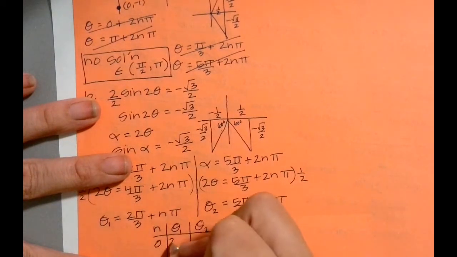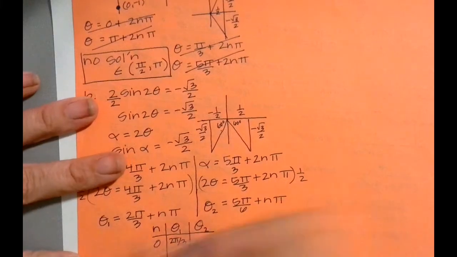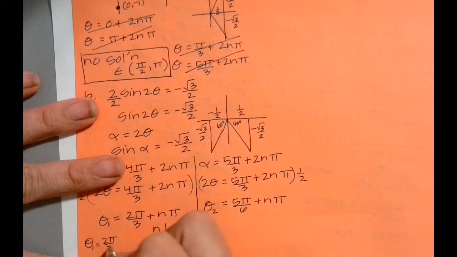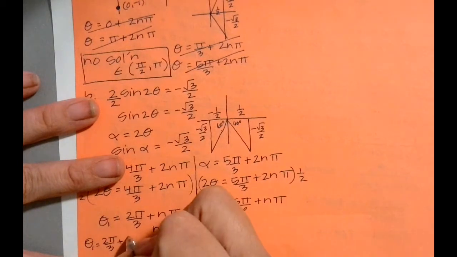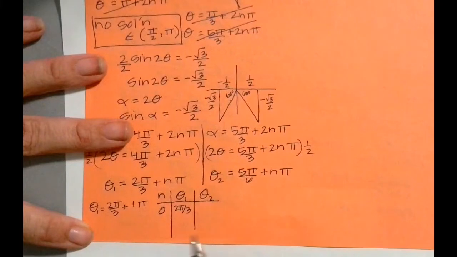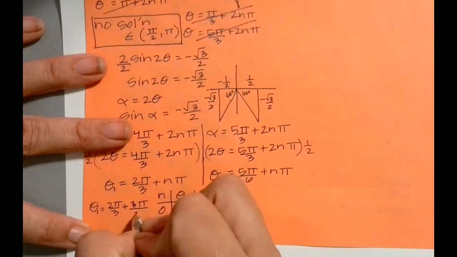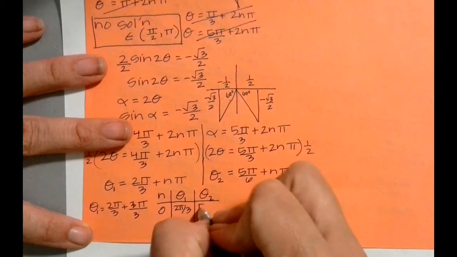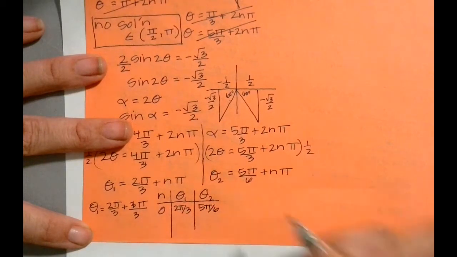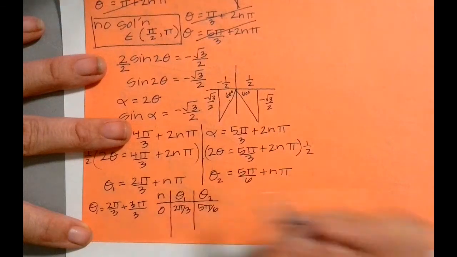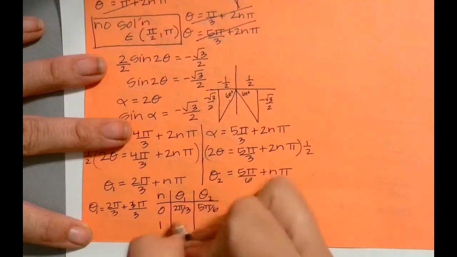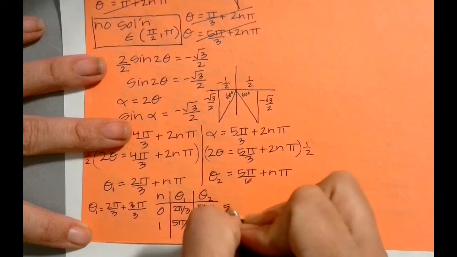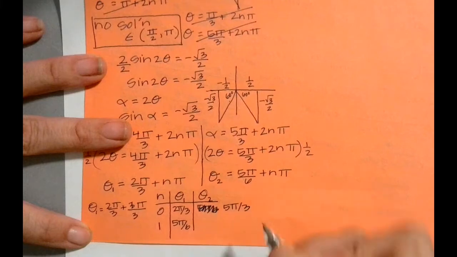So when n is 0, it's 2 pi over 3. And when n is 1, I'm going to plug in 1, but really that's 3 over 3. So that is going to be 5 pi over 6. And then the next one, oops, I wrote that in the wrong spot. Sorry, that goes there. This is going to be 5 pi over 3.